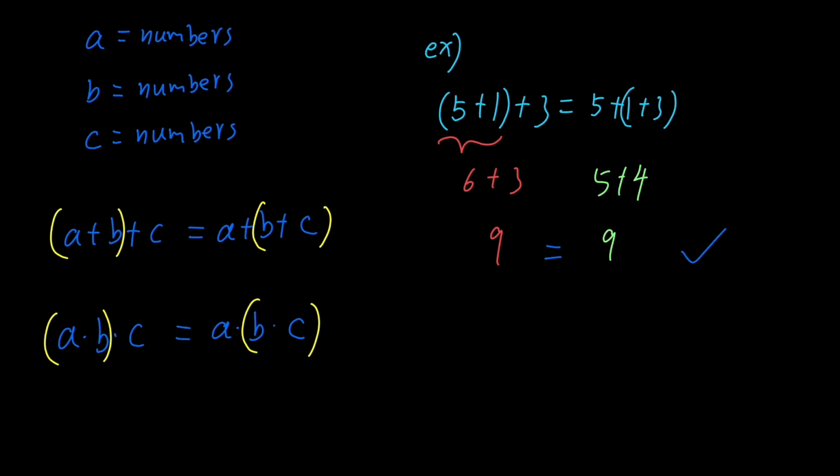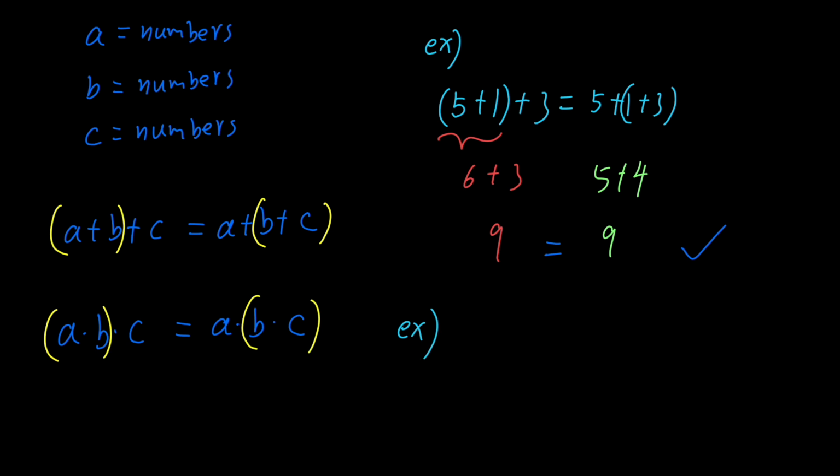Second example, let's say 2 times 2 times 3. I want to put the parentheses around these 2's. According to the property, we can also put the parentheses around 2 and 3, so it's going to be 2 times (2 times 3). Let's check if that's true or not.